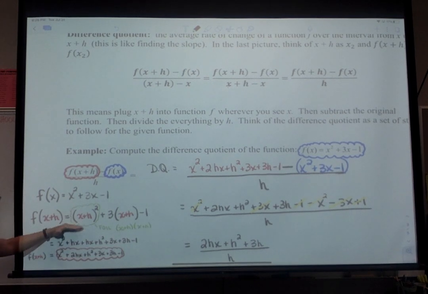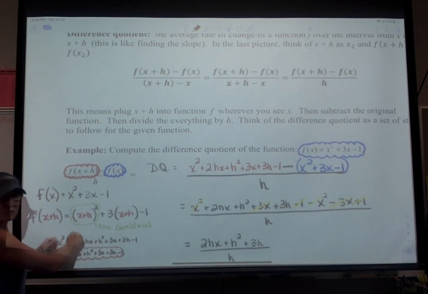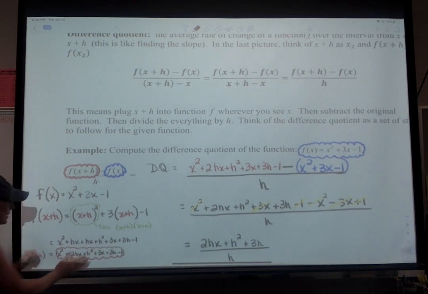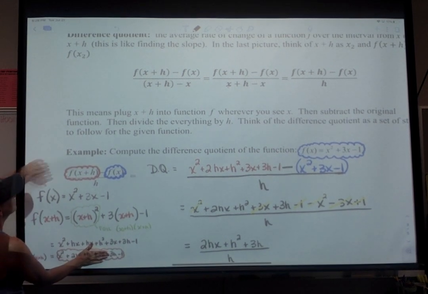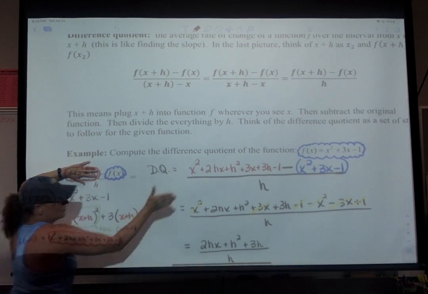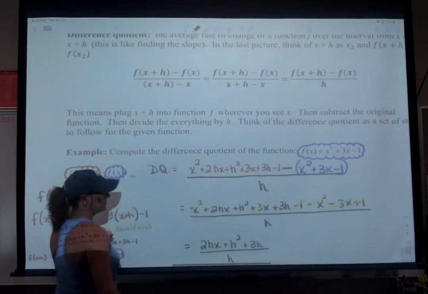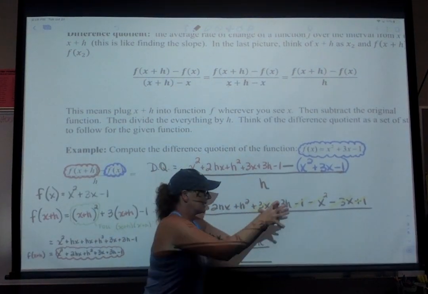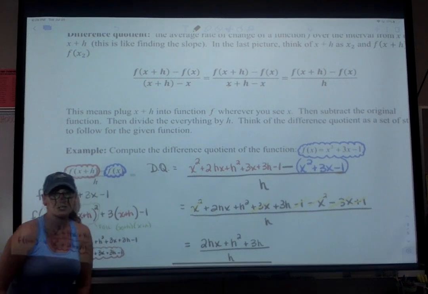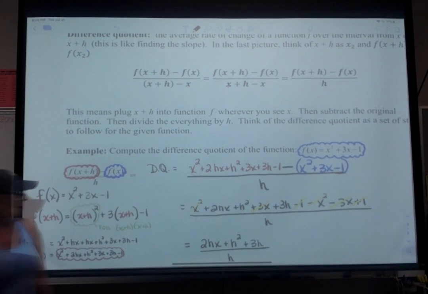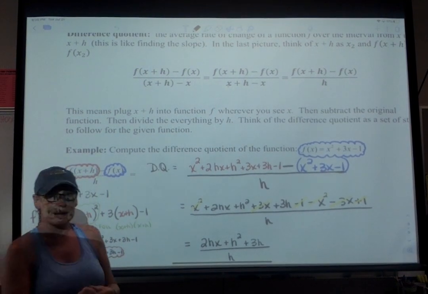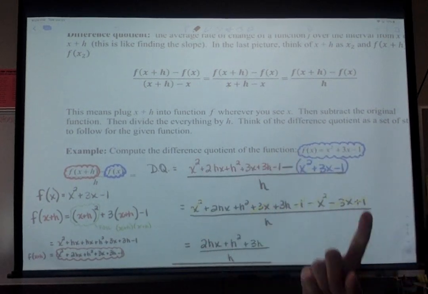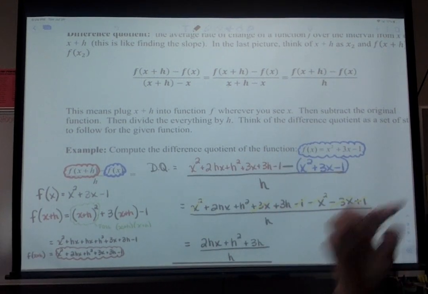And you've got some work to do. You might want to put a colored cloud around it and make sure this gets inserted right here. And then be careful on your collecting, be careful on your canceling so that you don't kill a kitten. All right, hope that goes well. Average rate of change equals slope. Block that in your head.